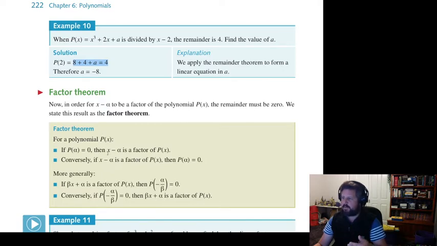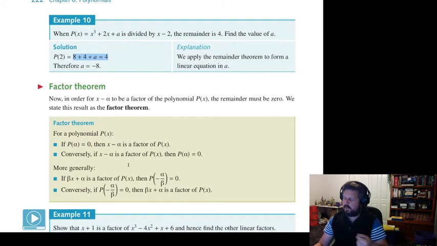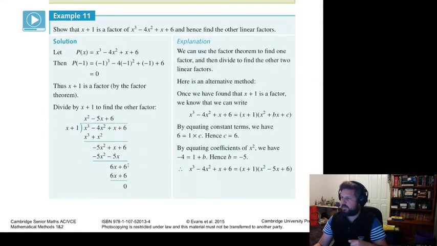As I've alluded to, let's have a look at it in an example. So it says here, worked example 11, show that x + 1 is a factor of this expression, but then it's also going on and asking us to find some other linear factors as well.